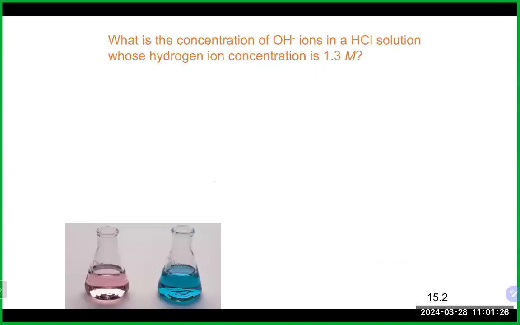So let's try it. What is the concentration of hydroxide here if the hydrogen ion concentration is 1.3? We want to calculate our hydroxide concentration, and again, that Kw is what's going to allow us to do that.